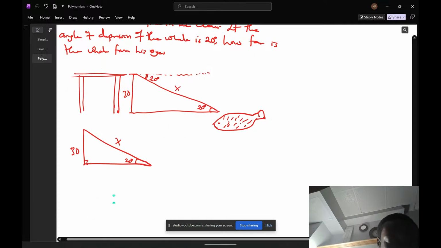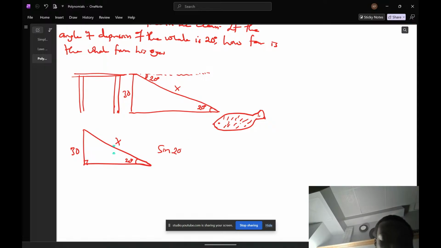So we have the hypotenuse and we have the opposite. So sine 20 degrees equals the opposite, 30, over the hypotenuse, x. So x sine 20 degrees equals 30, so x equals 30 divided by sine 20 degrees.